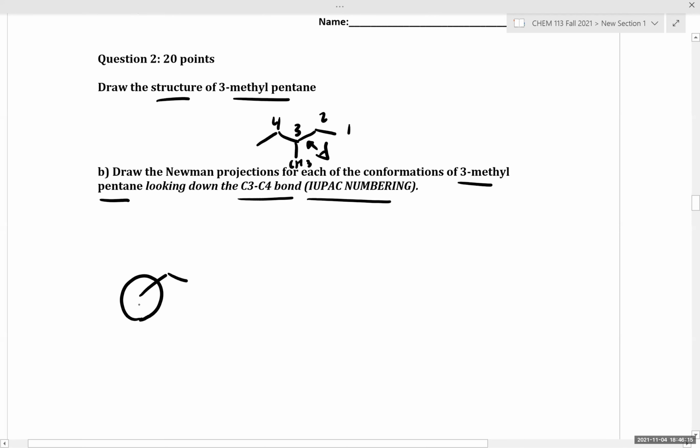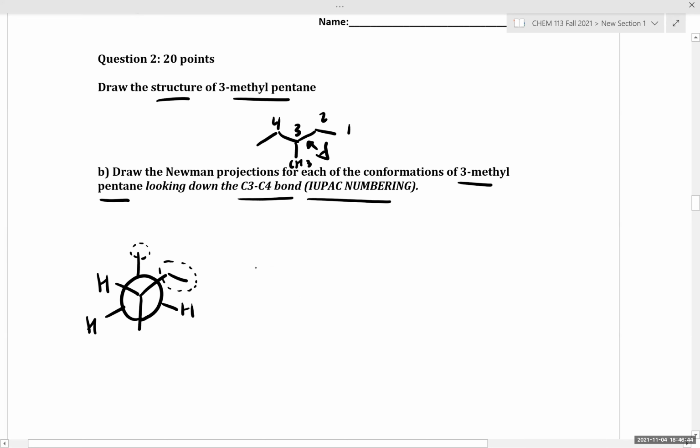Okay, so we draw out on carbon 3, we have this ethyl group, a methyl group, and a hydrogen. On carbon 4, we have a methyl group and 2 hydrogens. Now, before I go any further, I'm going to make a common definition just to make my plot of energy versus dihedral angle a little bit less difficult.